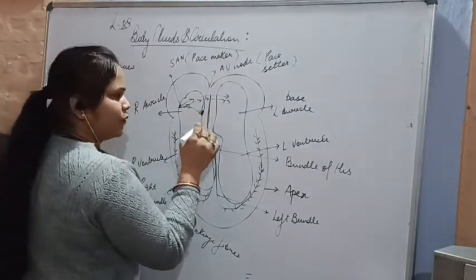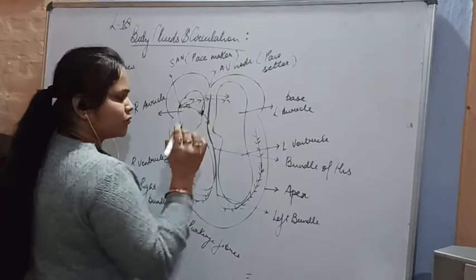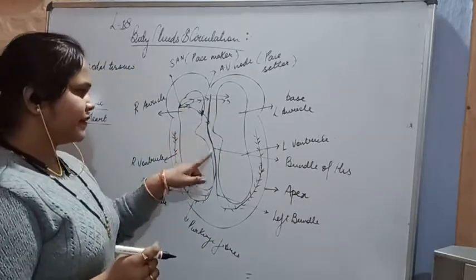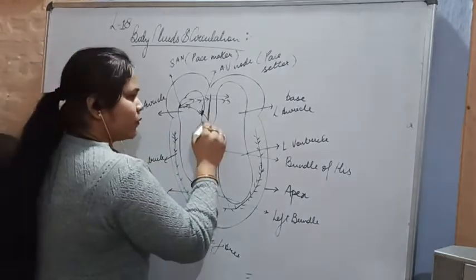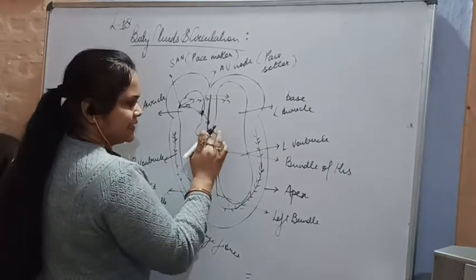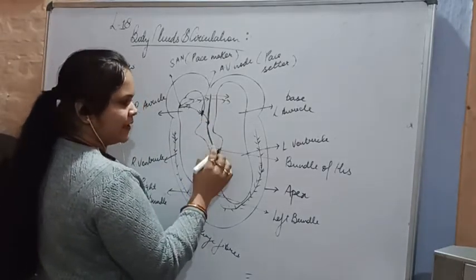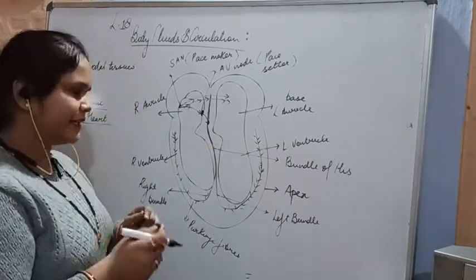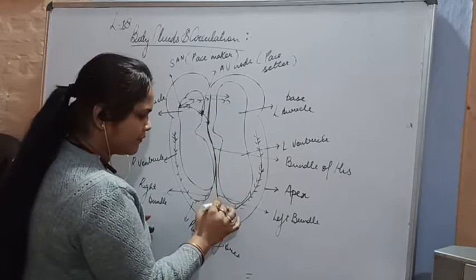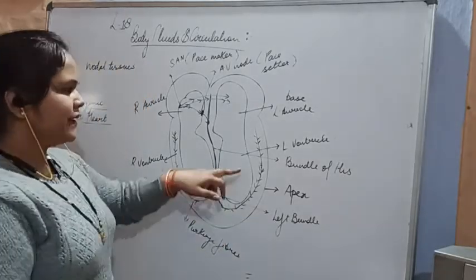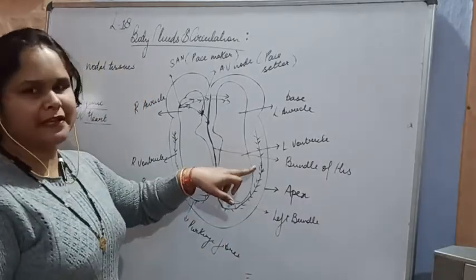Now this AV node will transfer the impulse to the auriculoventricular septum. This septum present in between will get stimulated and transfer the impulse to the bundle of His, and from the bundle of His it is going to transport to the Purkinje fibers.